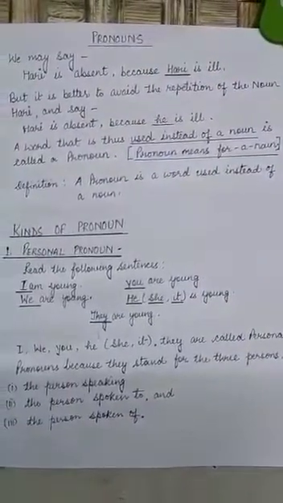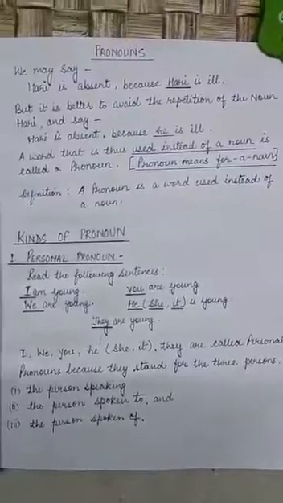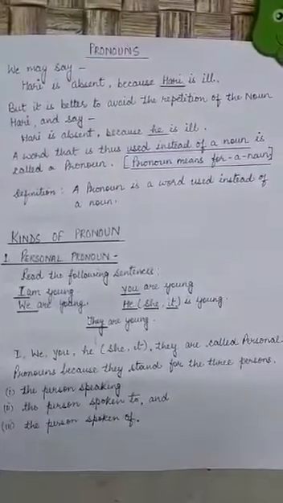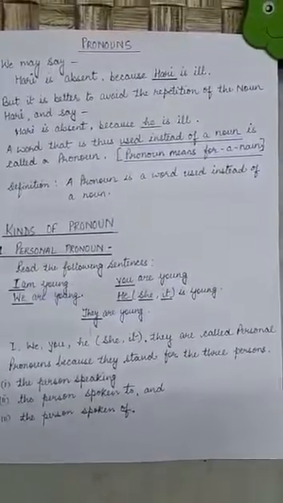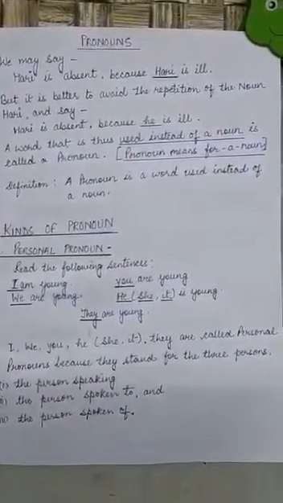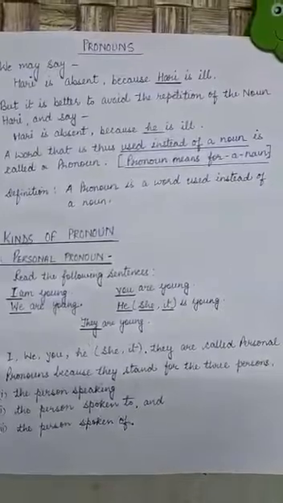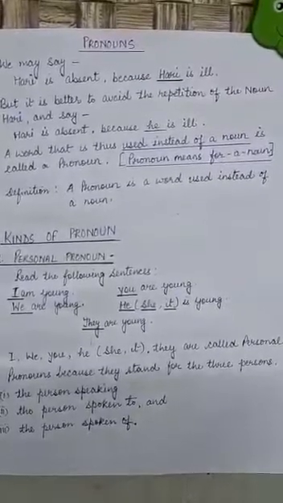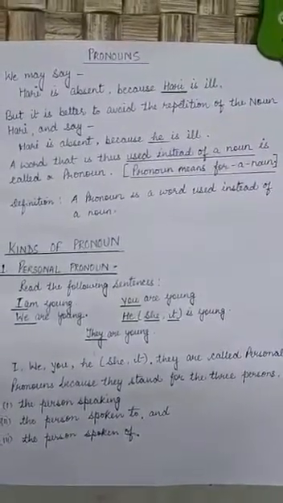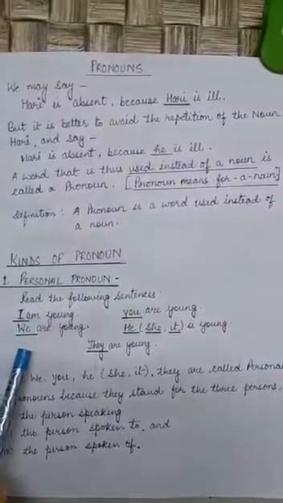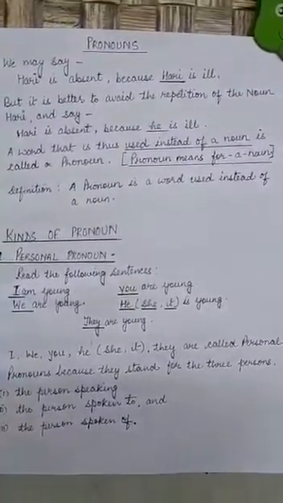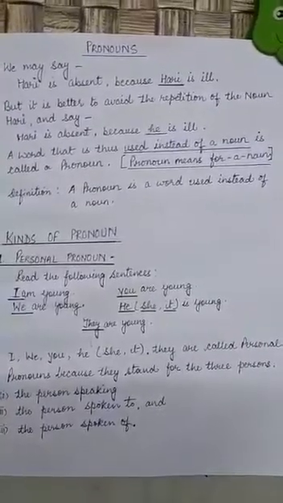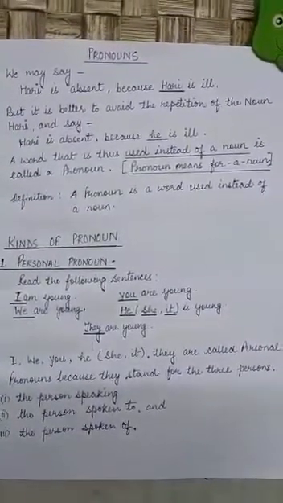Now before going to the next kind of pronoun, I shall quickly tell you what is the first person, second person and the third person. A quick recall we would like to take up. The pronouns I and we, which denote the person or persons speaking, are said to be personal pronouns of the first person.